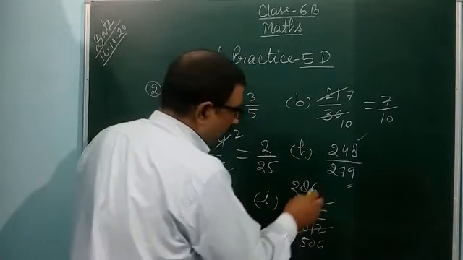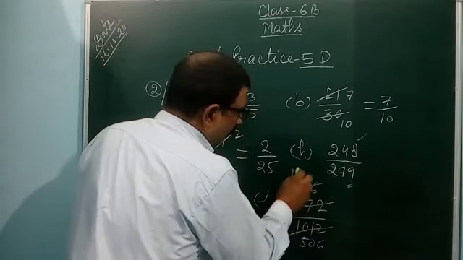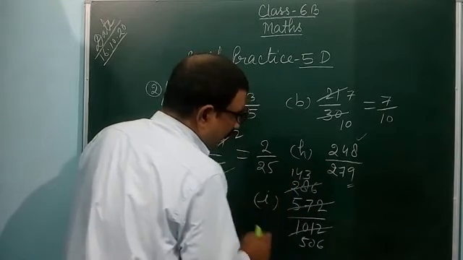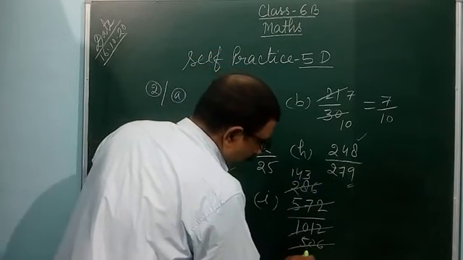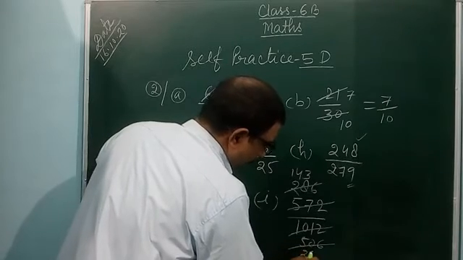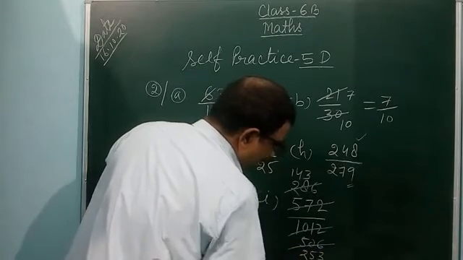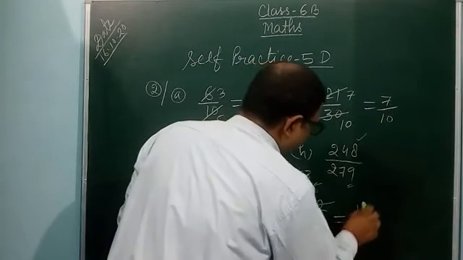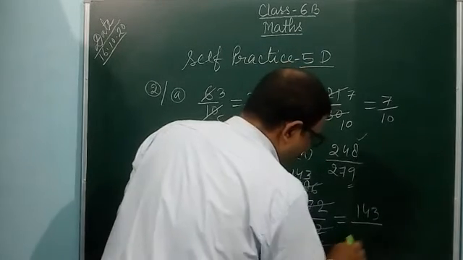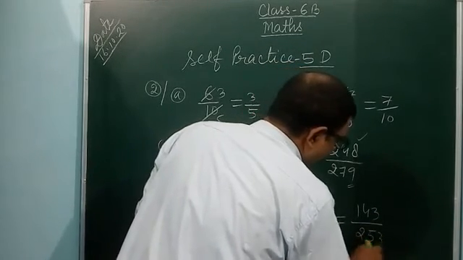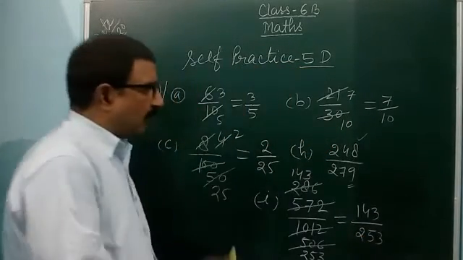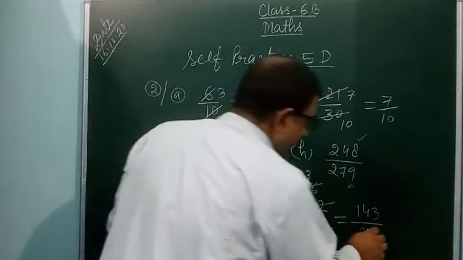Again it is divisible by 2: 143 and 253. So now it is 143 by 253. So it is now in the lowest term.